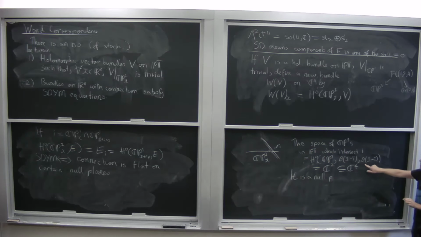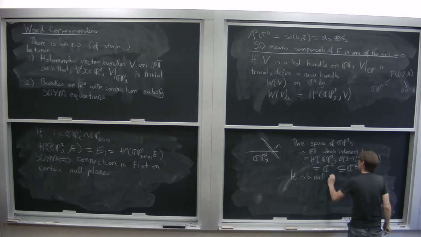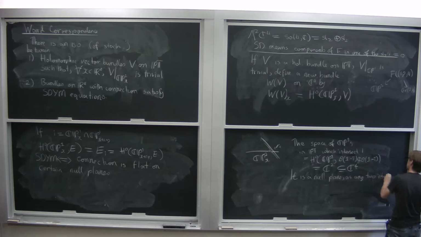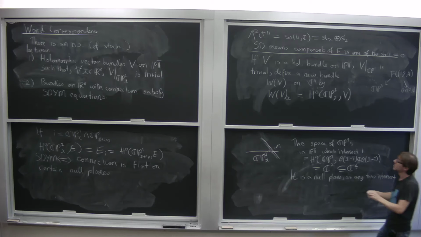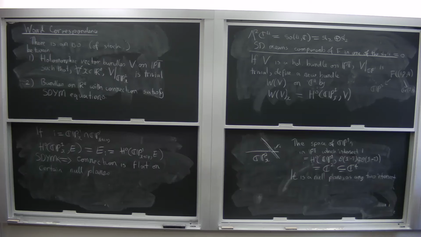It's null as any two of them intersect. Remember, the condition of being a null vector is that it intersects the zero section. So any two of these lines intersect each other, so they're all null separated. So the self-duality equation then amounts to saying, on this copy of C2, it's flat.